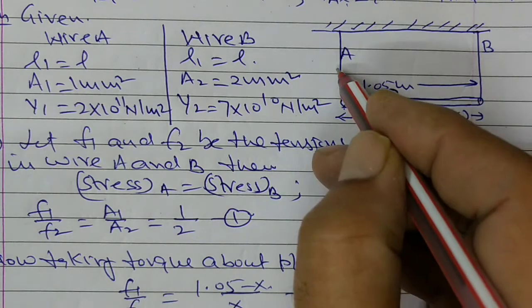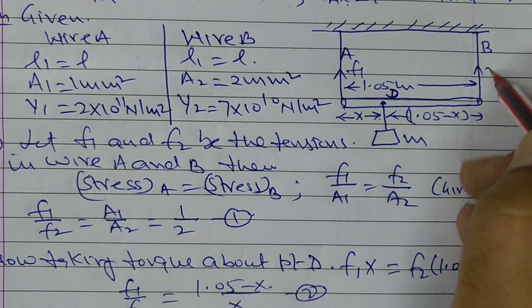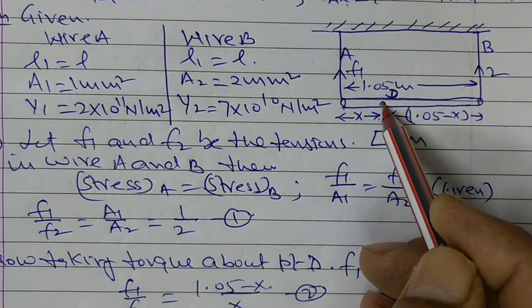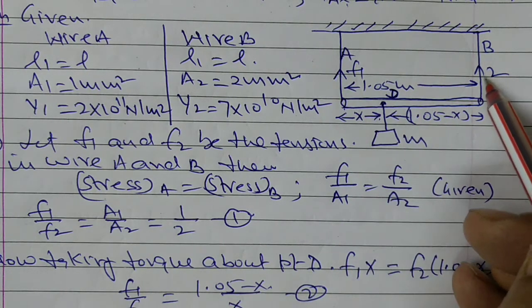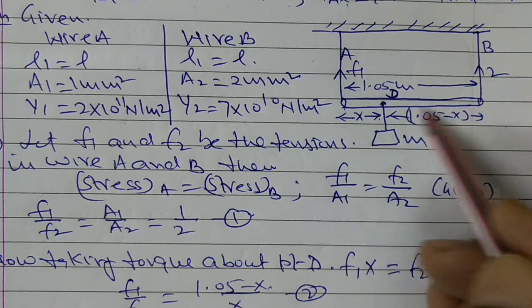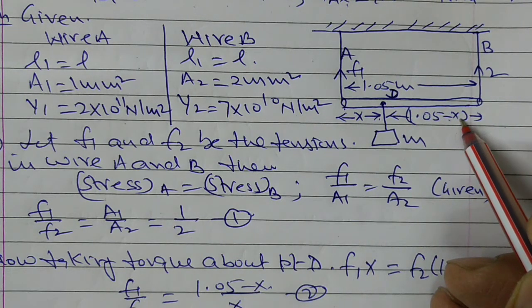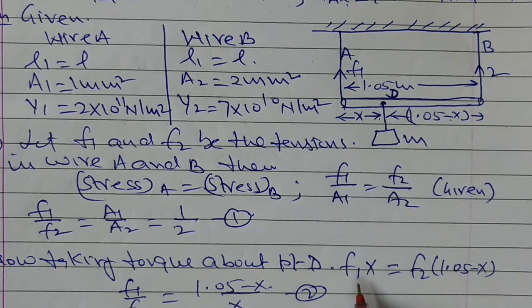Here our tension was F1 and here our tension is F2. Now, taking torque about point D, force into perpendicular distance is equal to this force into perpendicular distance. This distance is 1.05 minus x, and because this rod is stationary, both torques are equal.